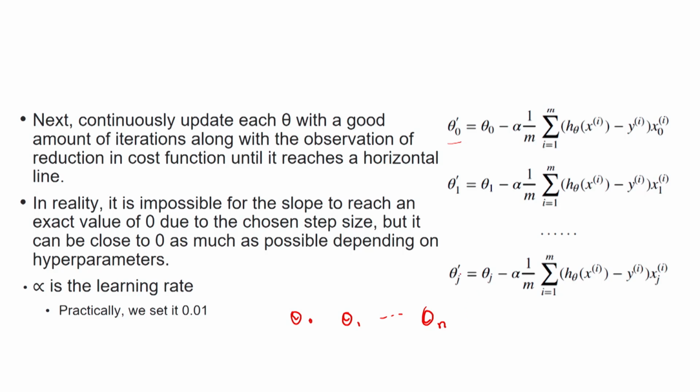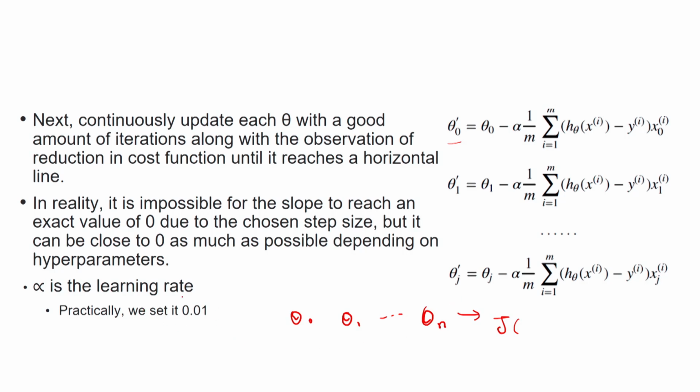When we get the new updated parameter values, it means your model has changed. So we will again calculate the cost function value with respect to the newly updated parameter values, and based on that we will again change these parameters. These iterations will go on until your termination criteria is satisfied.